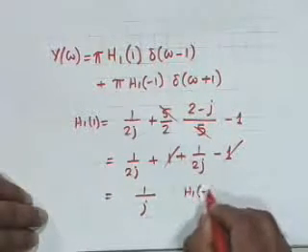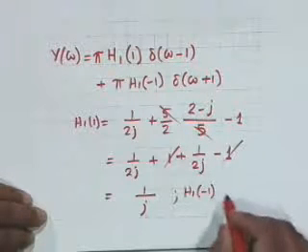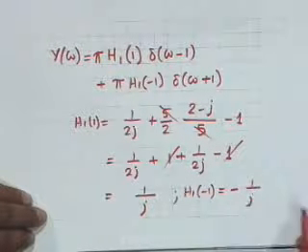What would be h1 of minus 1 then? It must be the complex conjugate, so it should be minus 1 over j.